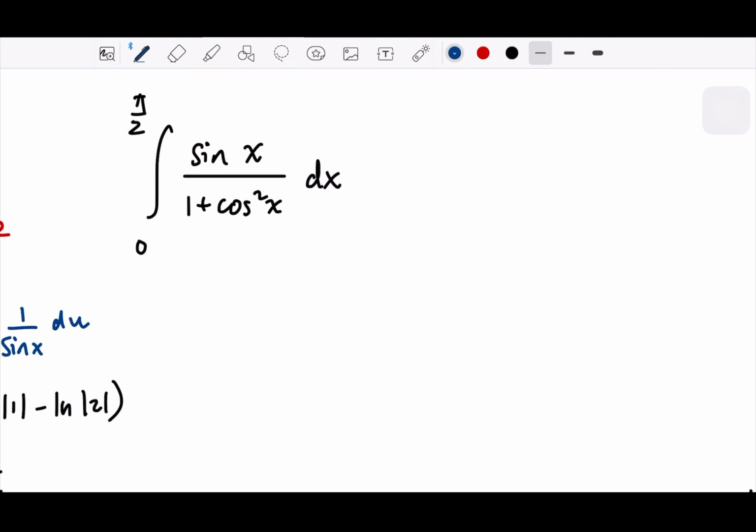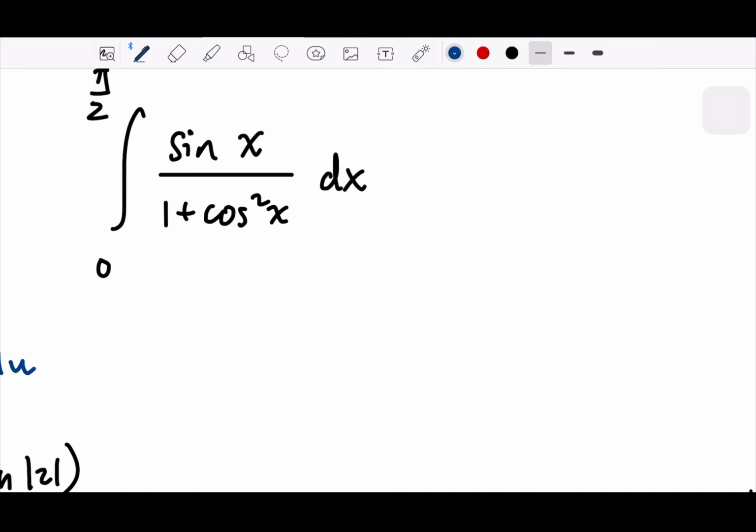Like 1 over 1 plus x squared. Yes, the tangent inverse, the arctangent. I hope that gives you more of an idea. So take u as cosine x, and then du.